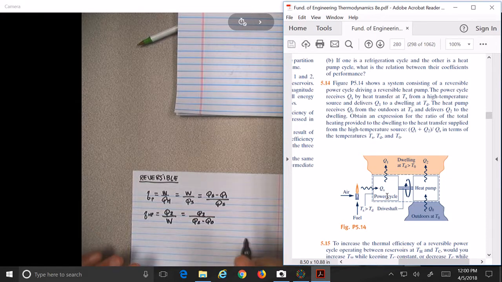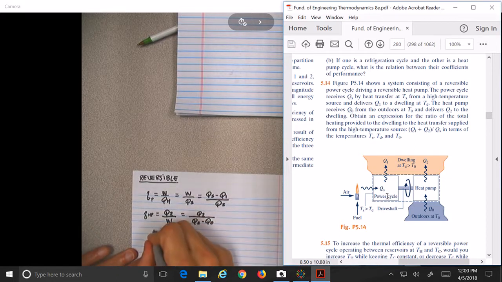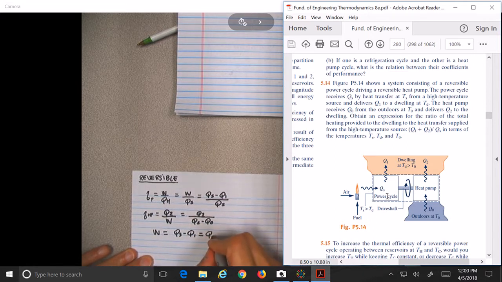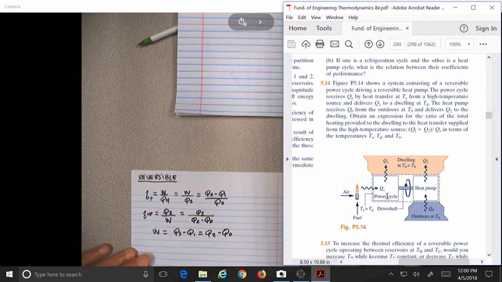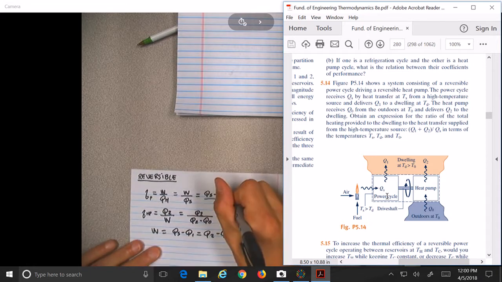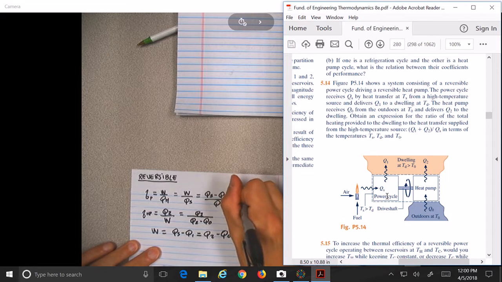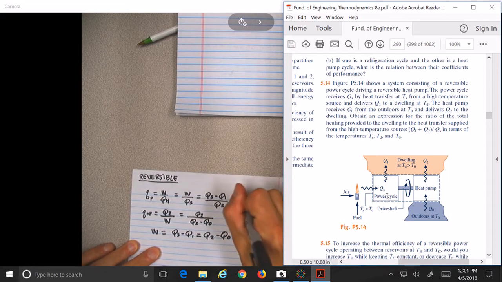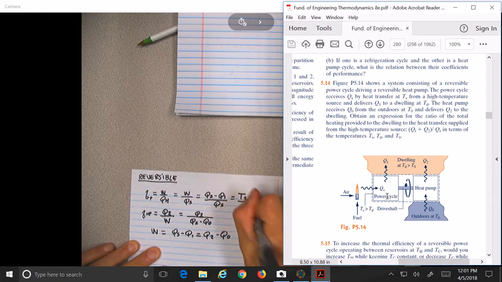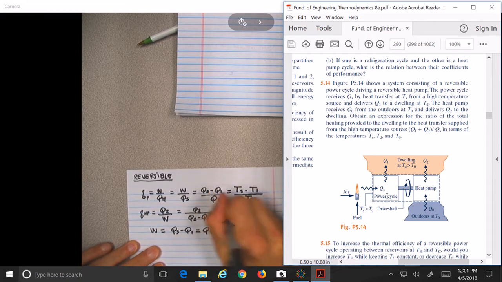Okay, so I'm just thinking, out of these two, maybe I can rewrite the work as being equal to what? QS minus Q1, and this should be equal to Q2 minus Q naught. Sorry, and this would be equal to maybe TS minus T1 divided by TS, and this would be T2 divided by T2 minus T naught.